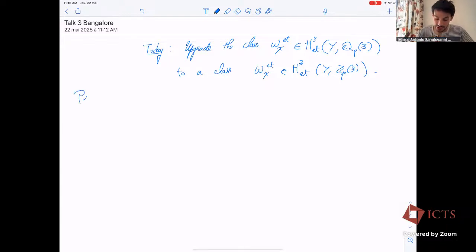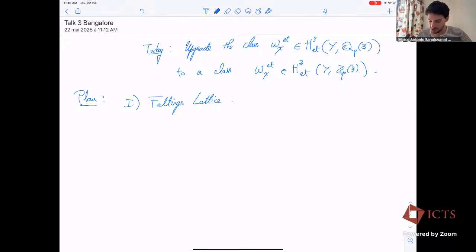And the precise plan for today's lecture is going to be as follows. First, I will talk about what I call the Faltings lattice. This is a specific lattice in coherent cohomology that I will explain. And then I will talk about the integral Faltings extension.